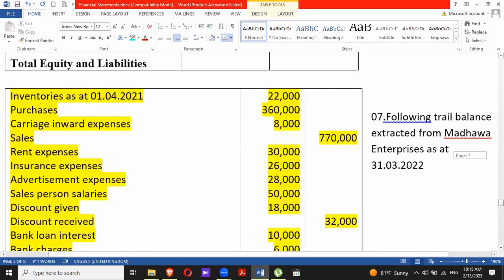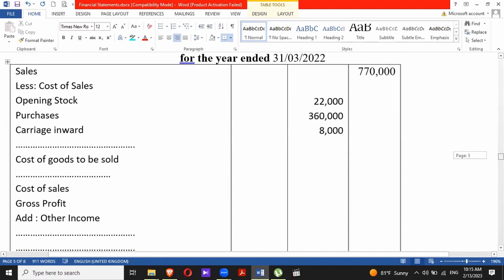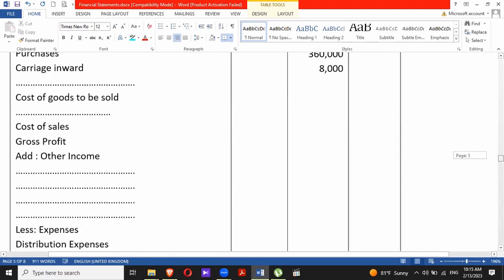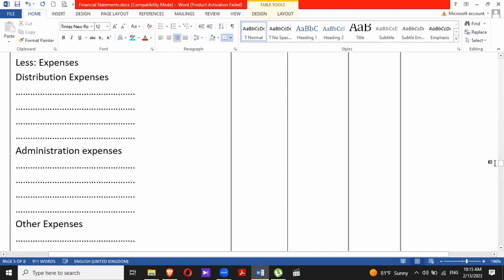Rent expense rupees 30,000. We'll see rent expense comes under what? That is the expense, right? Expenses come under the profit or loss statement. So now you know how to classify expenses, right? Expenses are 4 types: distribution, administration, other, and financial.